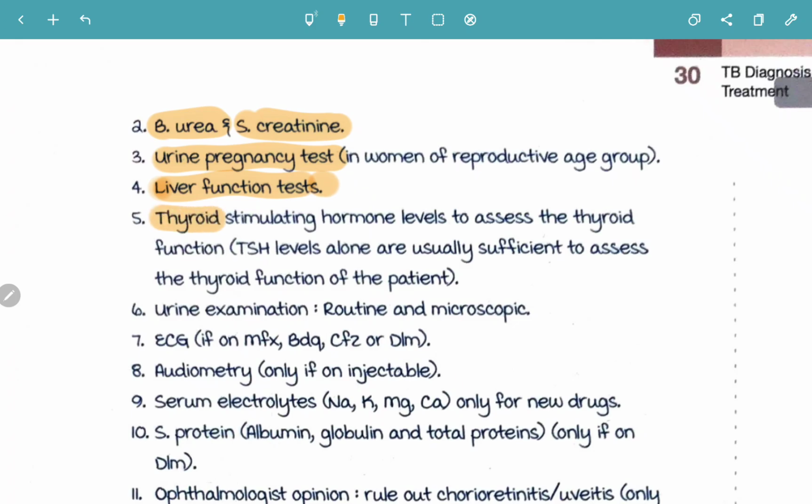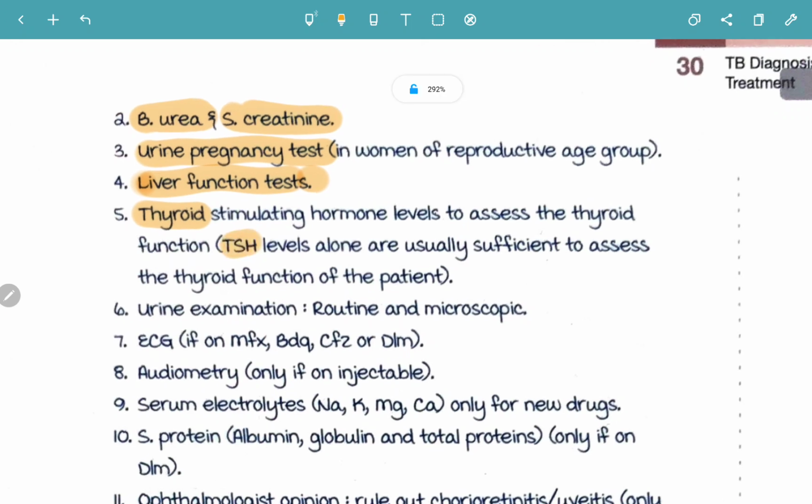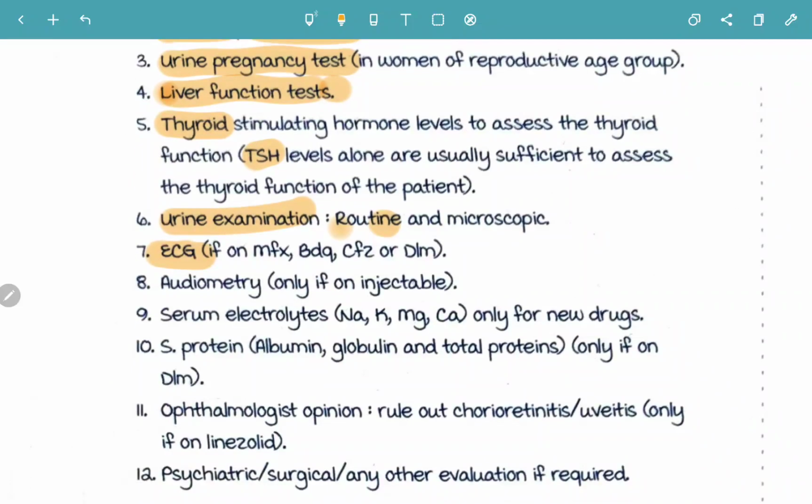Thyroid stimulating hormone levels to assess the thyroid function. TSH levels alone are usually sufficient to assess the thyroid function of the patient. And then routine urine examination, and ECG, especially if on moxifloxacin, bedaquiline, clofazimine and delamanid.